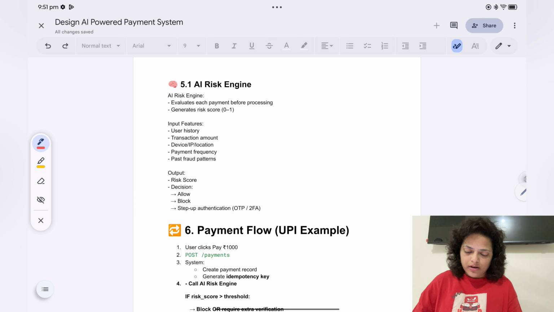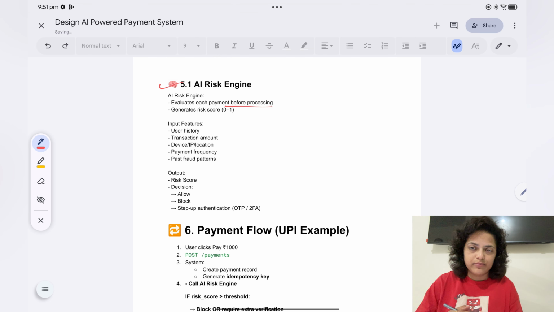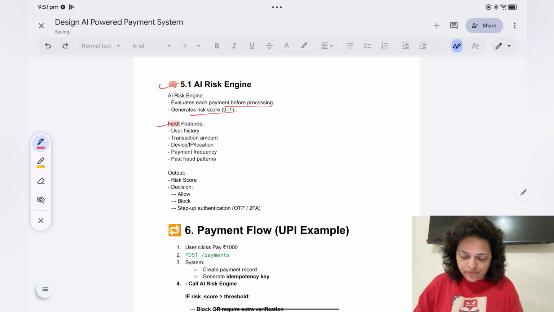Now if we talk about AI, artificial intelligence, let's talk about the AI risk engine here. The risk engine evaluates each payment before processing. Of course you have to evaluate it before processing, right? And then it generates a risk score from 0 to 1. So what input features will it take?